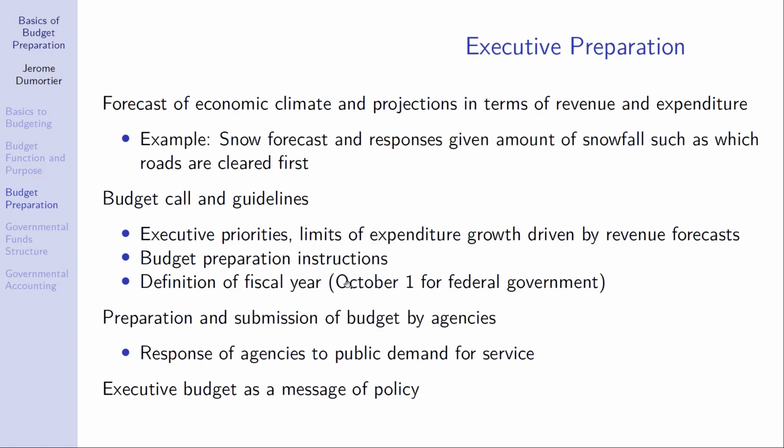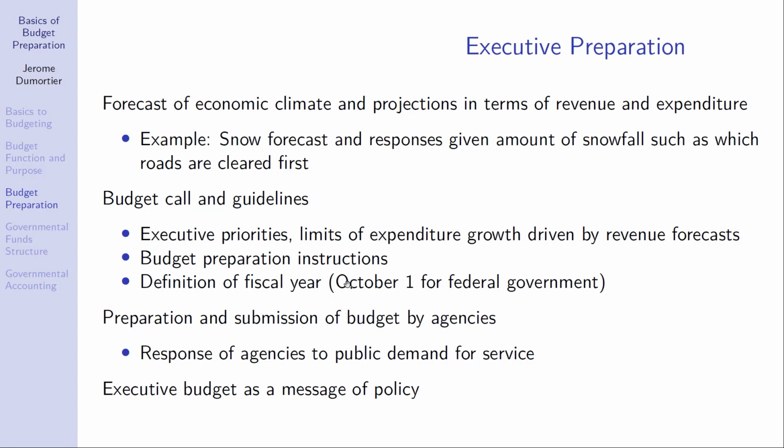So let us look at the executive preparation. The executive preparation basically starts with a forecast of the economic climate and projections in terms of revenue and expenditures. Based on those projections, there will be a budget call and guidelines, and the budget call basically outlines the executive priorities.